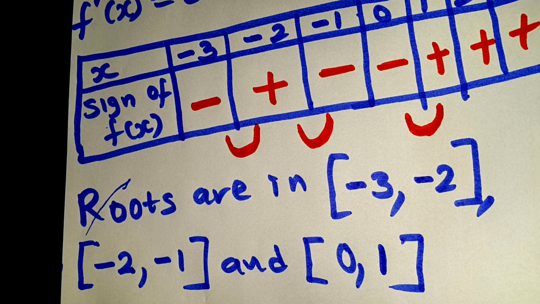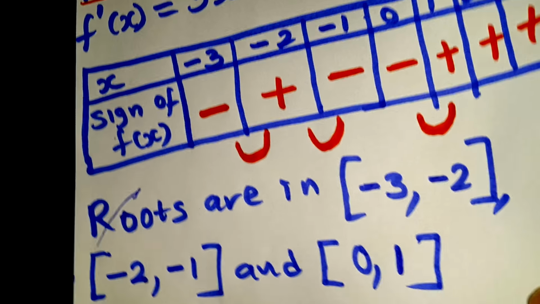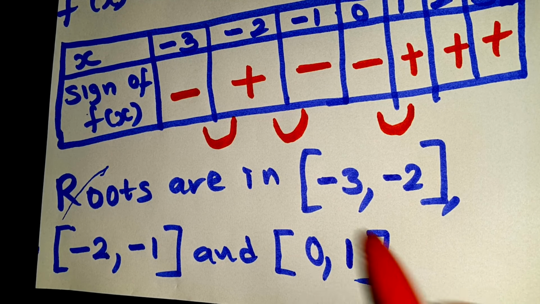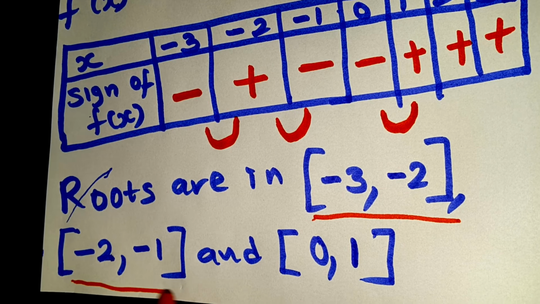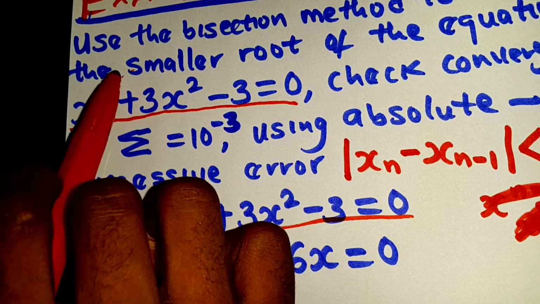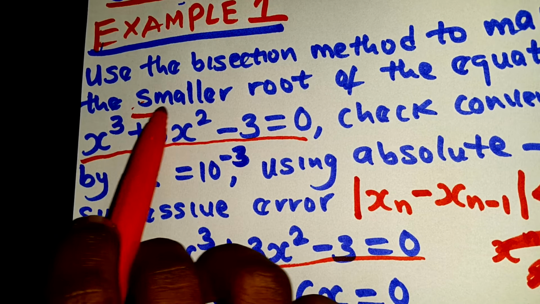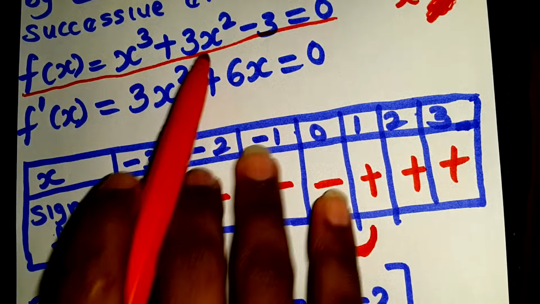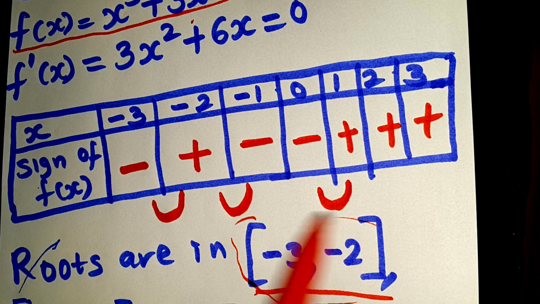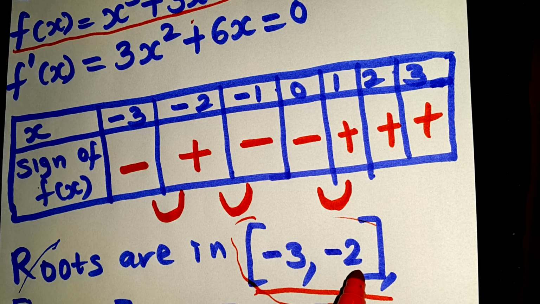Since we are considering the smallest root, we have 3 intervals here. But we need the smaller root, as you can see in the question. Which one is the smallest here? This is the smallest, because we have minus 3 and minus 2. They are smaller than the others.